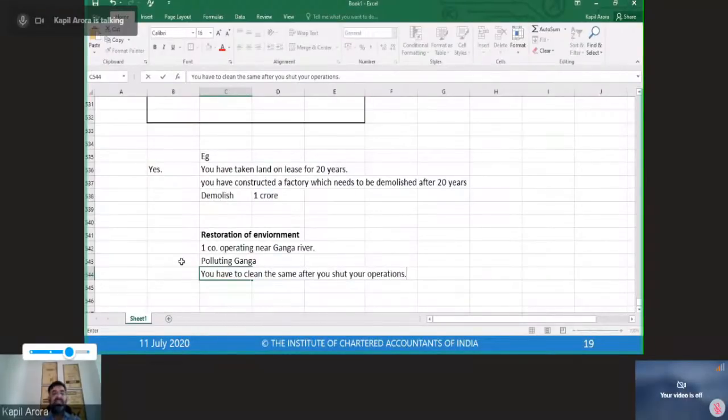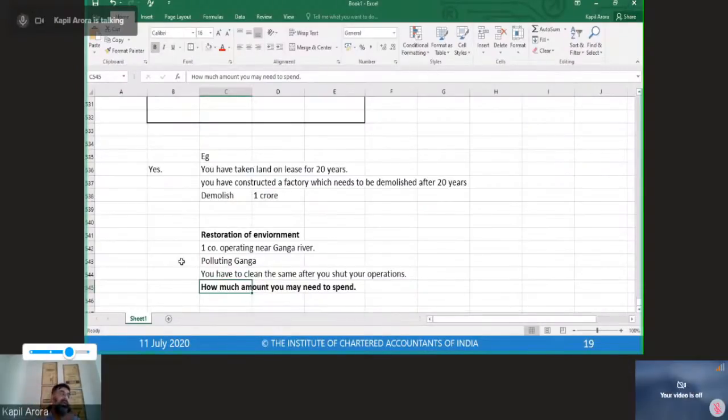Or for example, let's say you have the license for 20 years. After 20 years, you have to clean the Ganga. Now, Ganga cleaning is not possible for you, but what you can do, you can estimate how much amount you may need to spend. So that amount which you need to spend will be required to clean the Ganga after 20 years.